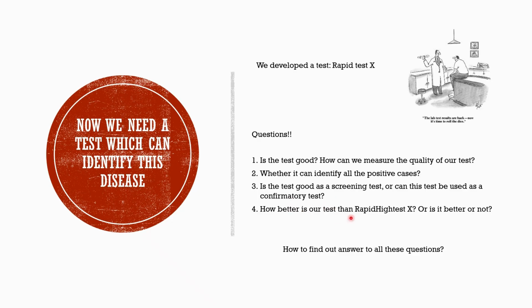Is our test better than rapid test Y or not? To evaluate this, we look at the ROC curves, AUC values and head-to-head performance metrics across different prevalence settings. These questions guide our entire validation process and help us determine whether a test is truly reliable and fit for clinical or field use.